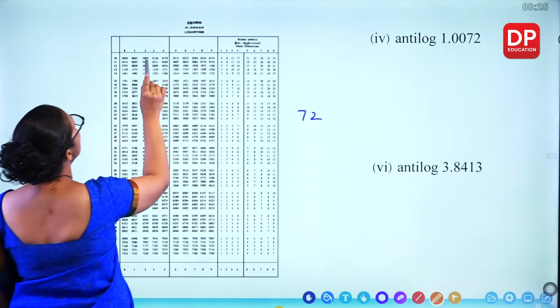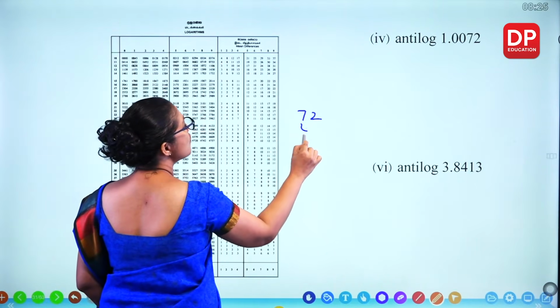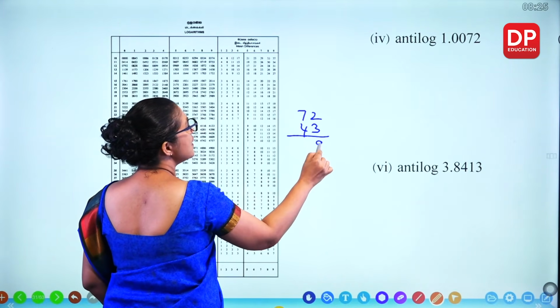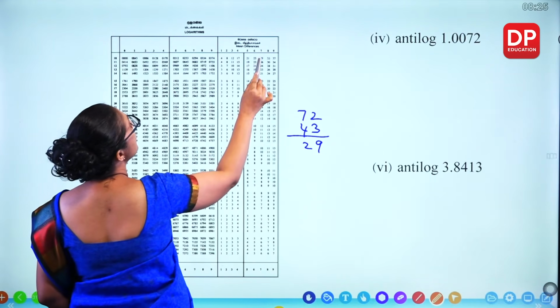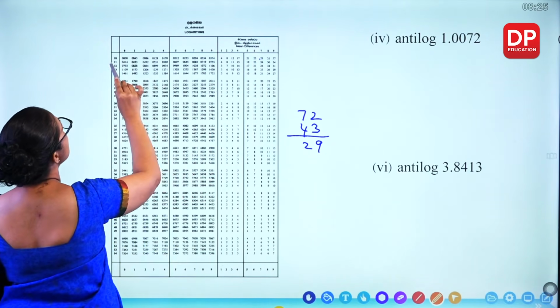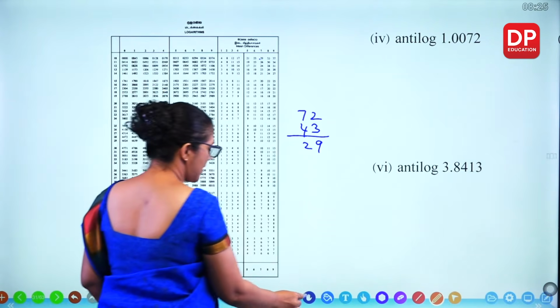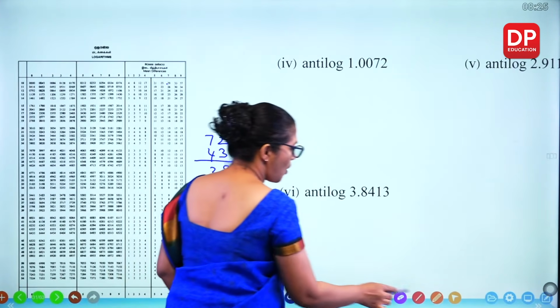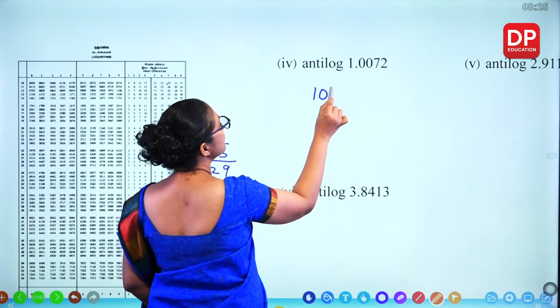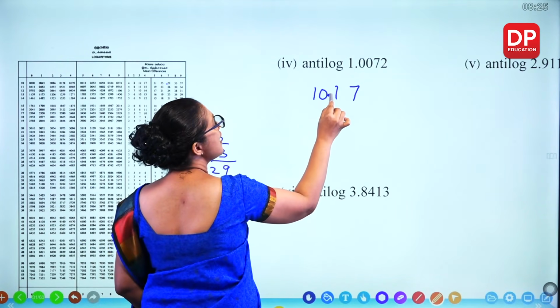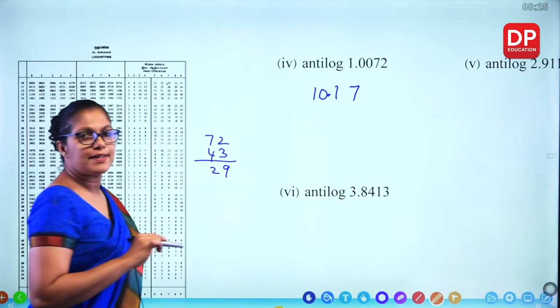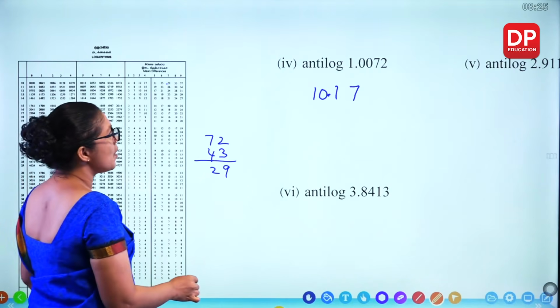We have 43. When you subtract 43, you need 29 more. Here 7 is the answer. So it's 10, 1, 7. Characteristic is 1. So 10.17 is the answer. Next one.